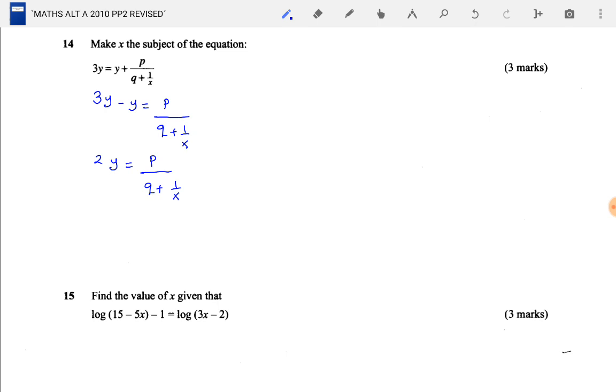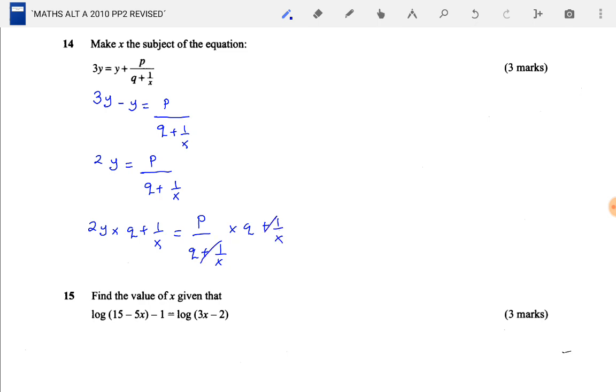Because we are supposed to make x the subject of the formula, we can multiply both sides, first of all, by q plus 1 over x, so that we have 2y times q plus 1 over x is equal to p over q plus 1 over x times q plus 1 over x.